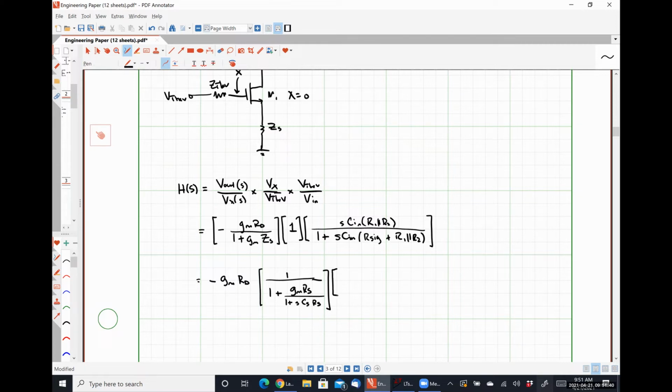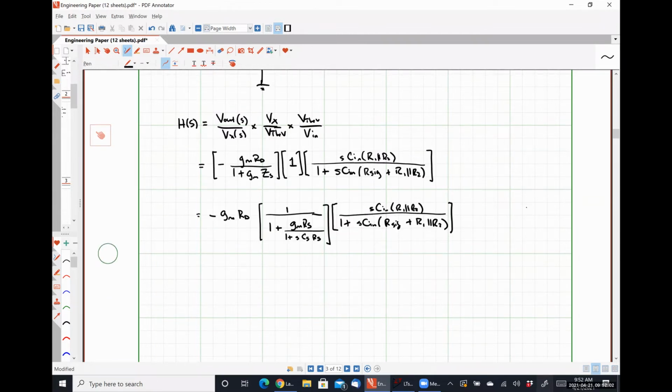So my second term is still going to be the same: 1 plus S Cn (R sig plus R1 in parallel with R2) over S Cn R1 in parallel with R2.